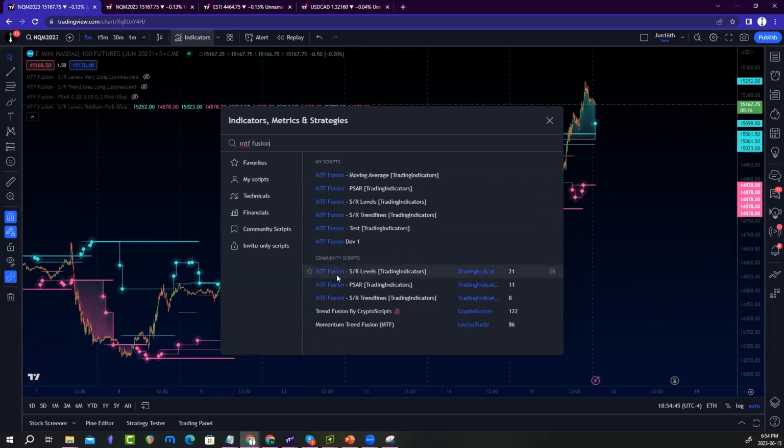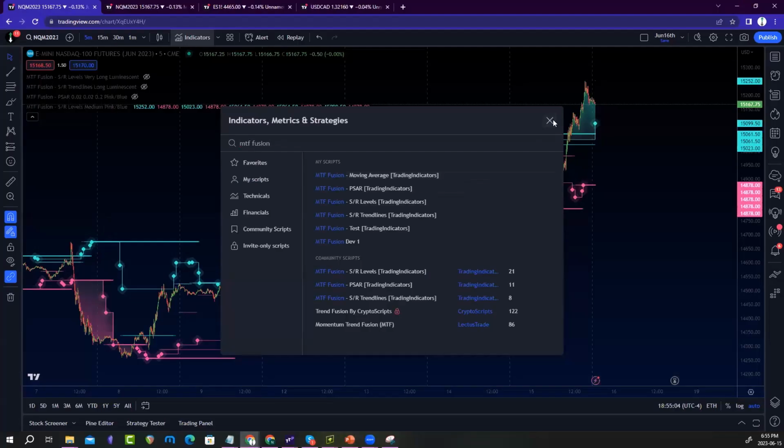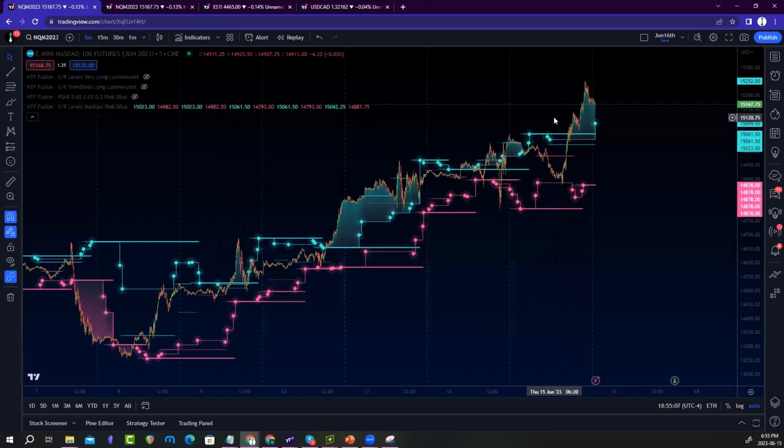But down in community scripts, you'll see these ones: MTF Fusion, PSAR, SL levels, and lines. Click on the ones by trading indicators. And another way to find these scripts is to go to our website, tradingindicators.com/TV. That will bring you to our TradingView profile, where you'll see all our scripts. That's right. All right, let's move on.